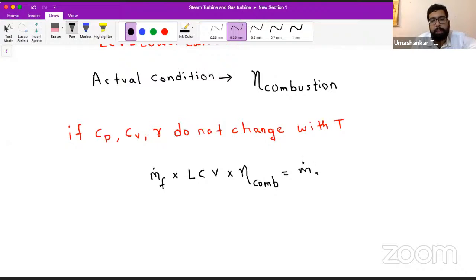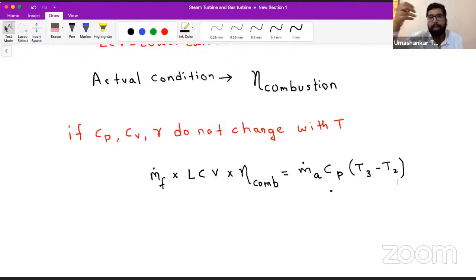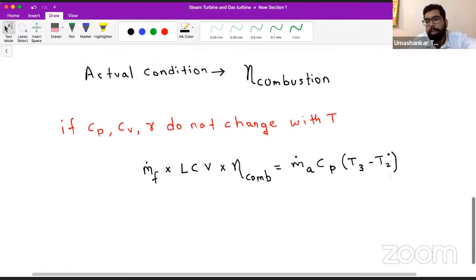So since Cp, Cv, gamma are not changing, we can apply this equation, m dot a Cp (T3 minus T2). We consider that all this 90% is going to the air and increasing its temperature. This formula you can use when Cp, Cv, gamma are considered not to change with temperature.